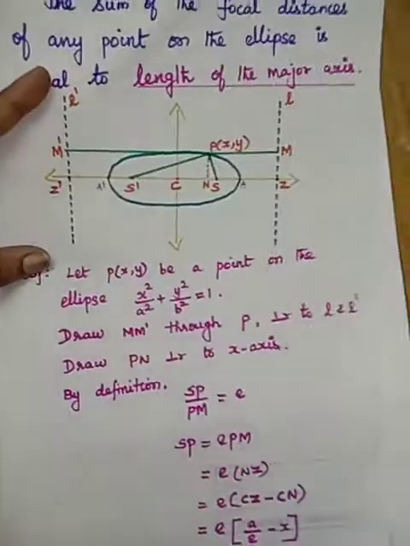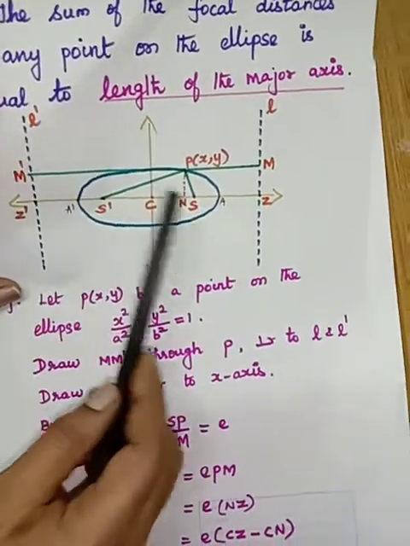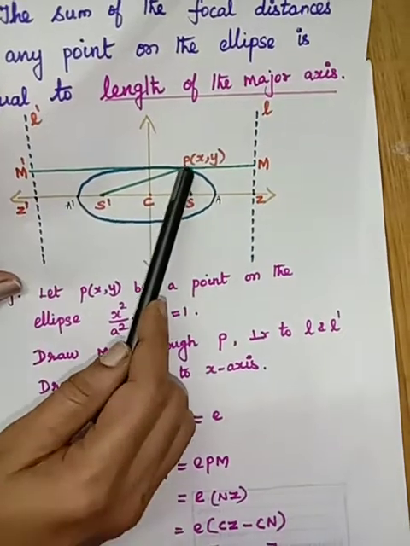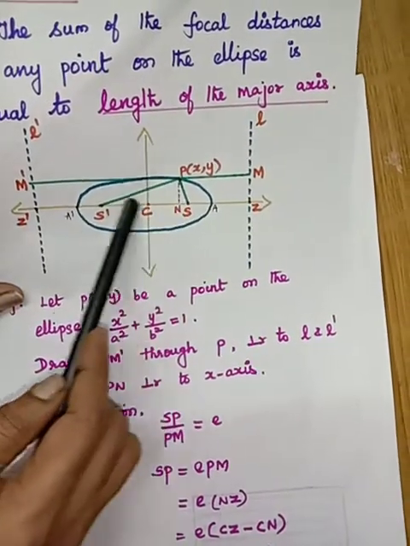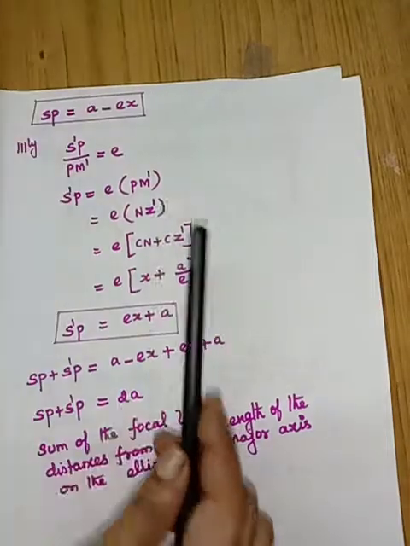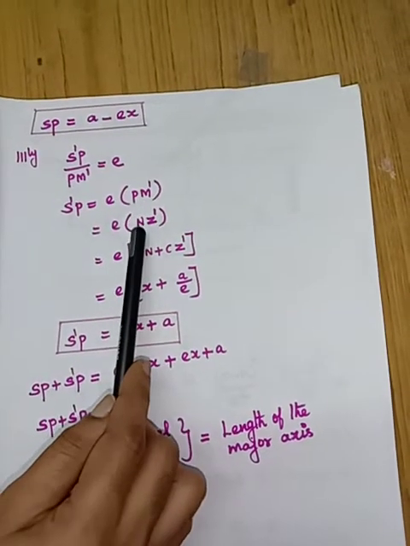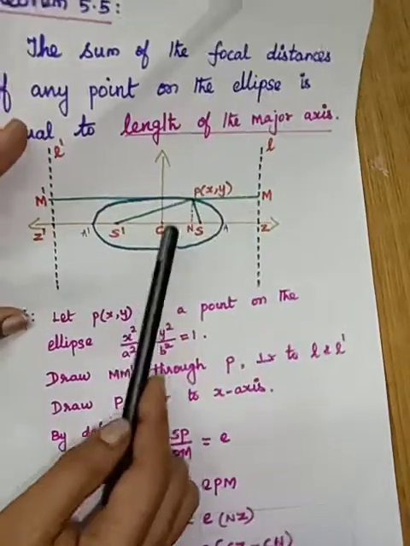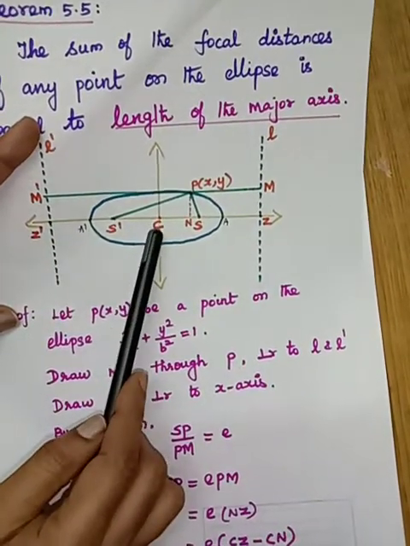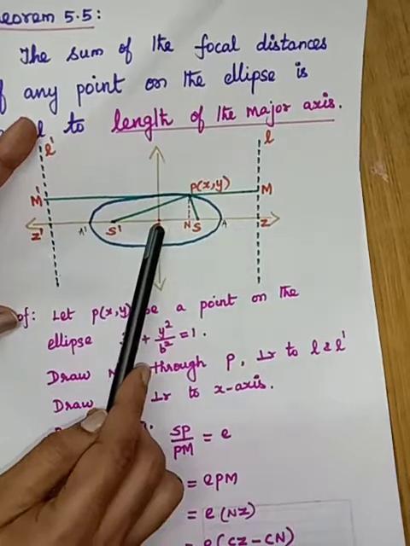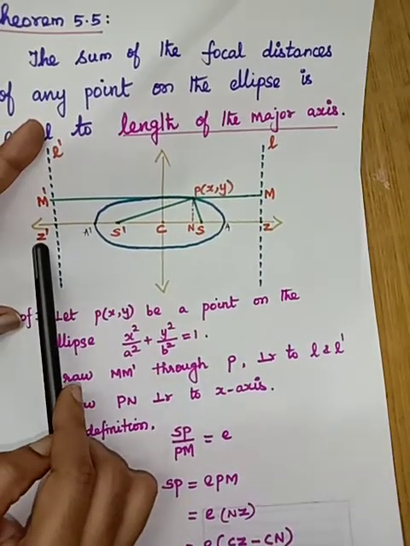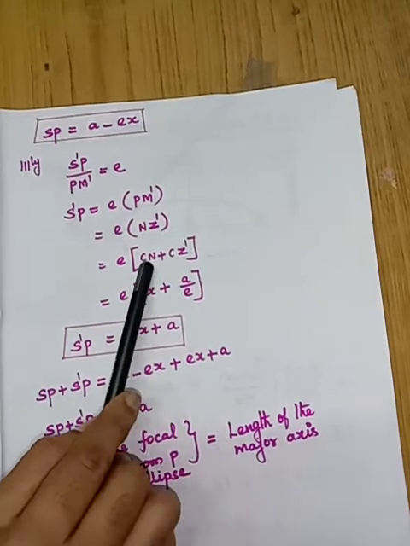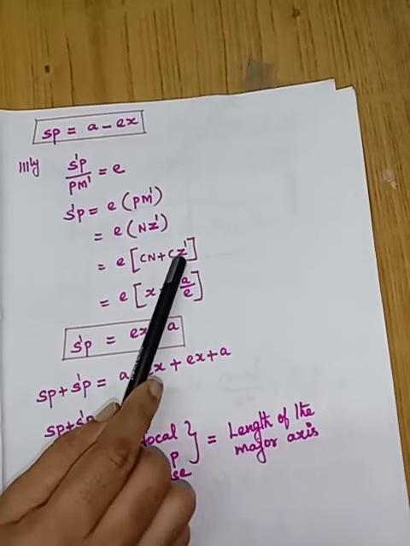Look at your PM'. PM' is nothing but NZ'. So in the place of PM' I have written NZ'. Look at your NZ', how using C you can write it: NZ' can be written as CN plus CZ'.